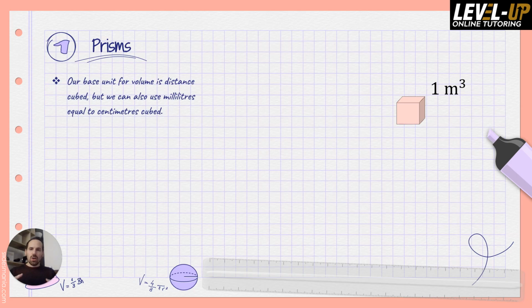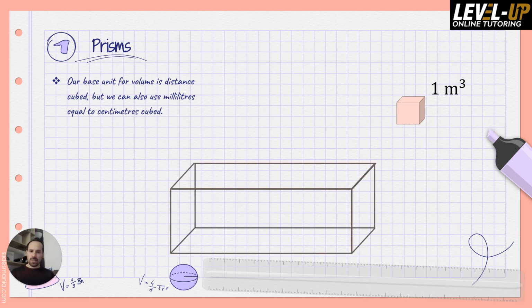We have a distance cubed, hence it's called 1 meter cubed and not 1 meter to the power 3. We call it cubed because it represents a cube. And 1 centimeter cubed is the same thing as a milliliter, so that's the relationship between milliliters and distance cubed. They both represent volume.